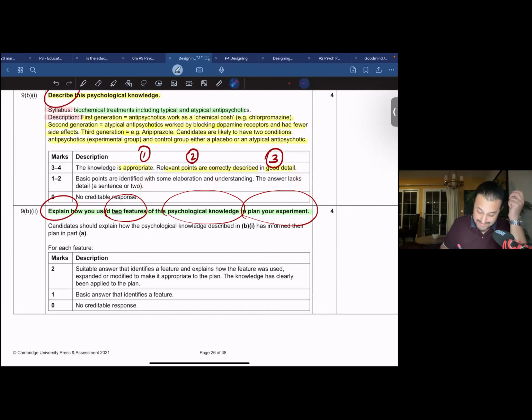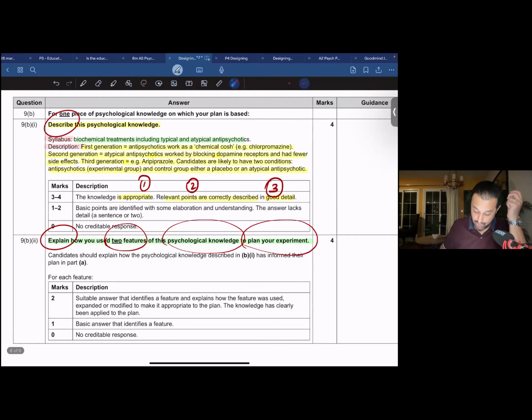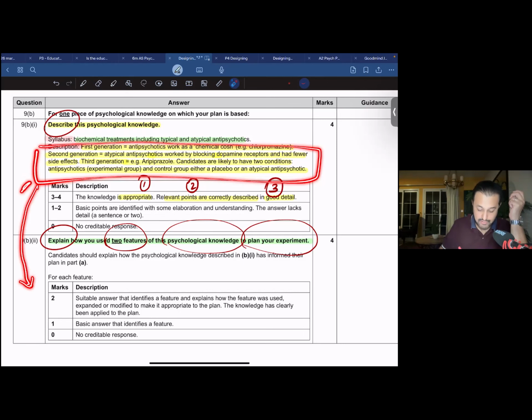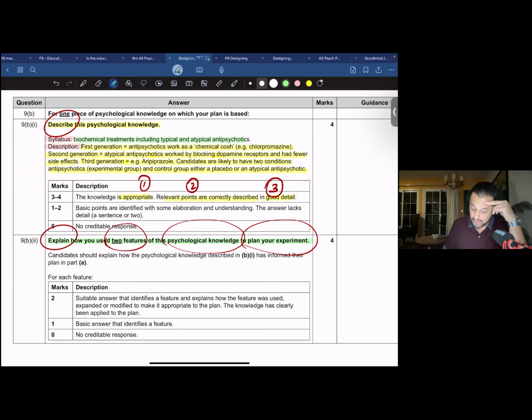So having a look at this, this says candidates should explain how the psychological knowledge described in part B one has informed their plan in A. In a nutshell, the psychological knowledge that you provided over here, how did you use this while planning your own experiment, right? Now, how do we score a 4 on 4 over here?